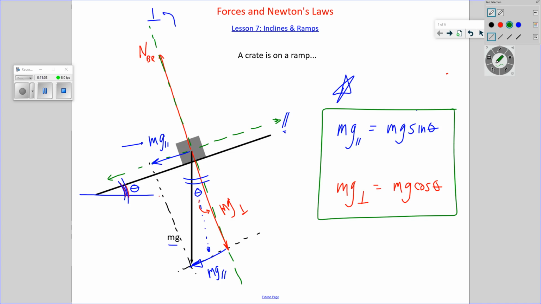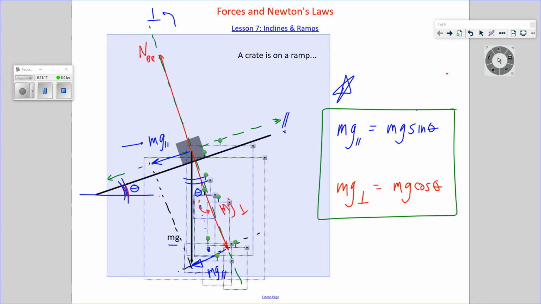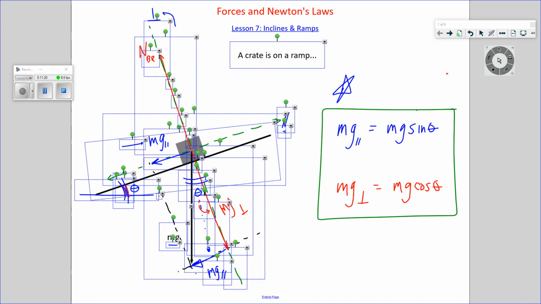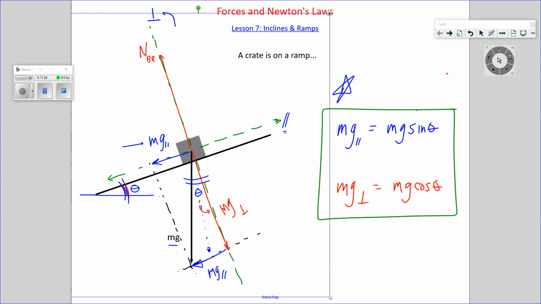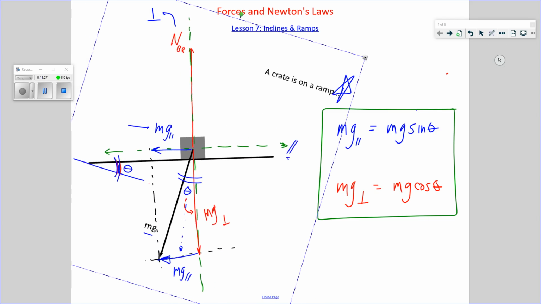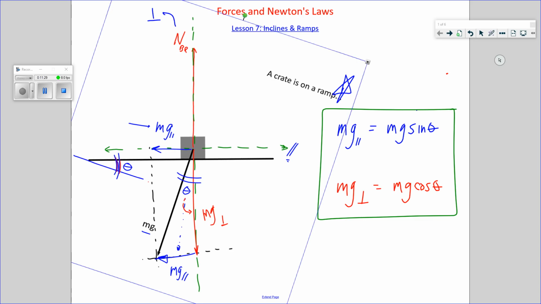You can think of it as sort of like the old object on a table, where we need to look at components of vectors that are along the surface and perpendicular to it.